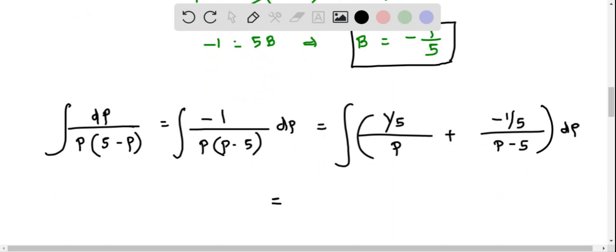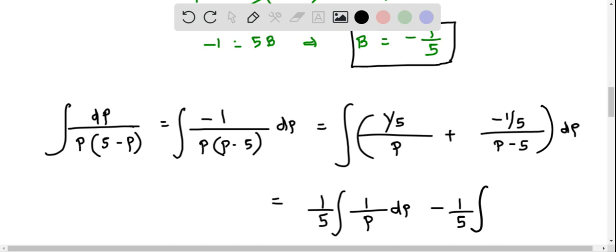So this can be written as the sum of two integrals. The first integral will be 1/5 divided by p dp, wherein I factor out the 1/5 constant and then write down 1 over p dp. And then the second integral we have negative 1/5, so I factor out the negative 1/5, and then I write down only the rational expression 1 over p minus 5 dp.